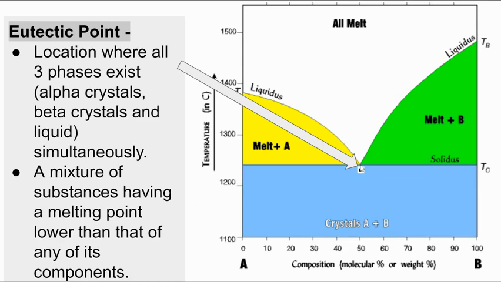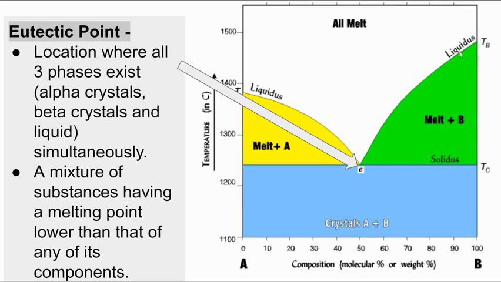This is the point in which the mixture of substances has a melting point lower than any of its components. You can see on a binary phase diagram that alloys always have lower melting points than the pure substances that they're composed of. The melting point temperatures of the pure substances are the higher temperatures on the graph.